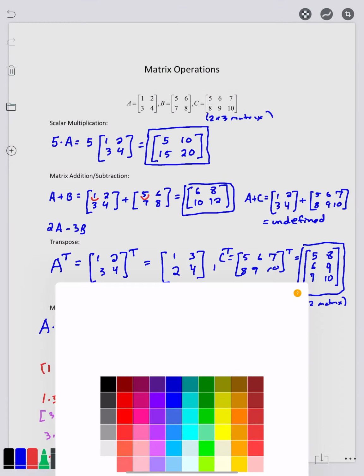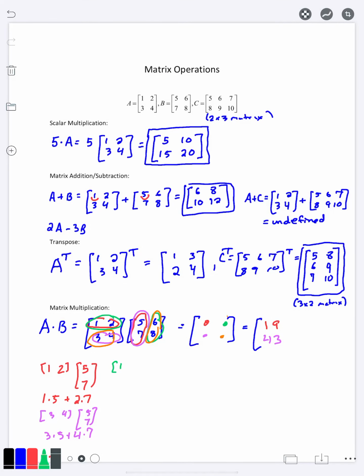Then for my green one here, I'd have 1, 2, and 6, 8. 1 times 6 plus 2 times 8. And it's always plus between these, okay? If you have negative numbers, you're adding a negative, sure, but you always put a plus sign between these. And then, let's see, 6 plus 16 is going to be 22.